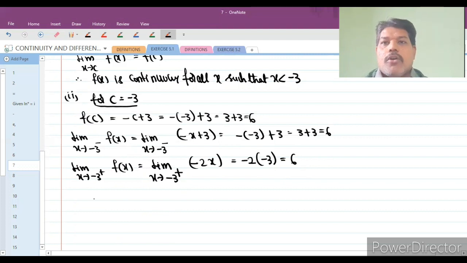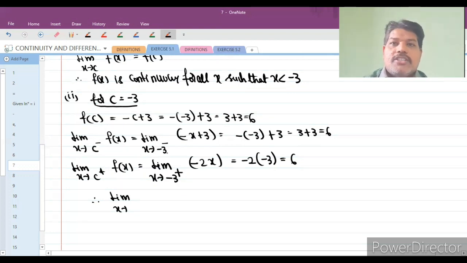So therefore, what we can conclude is, in the place of -3, we can write c minus and here also c plus. C is nothing but -3 only. In the place of -3, just replace that c.